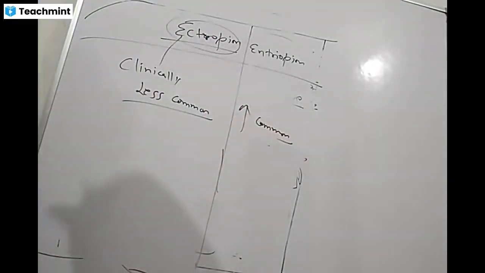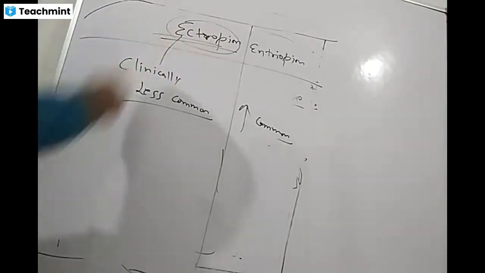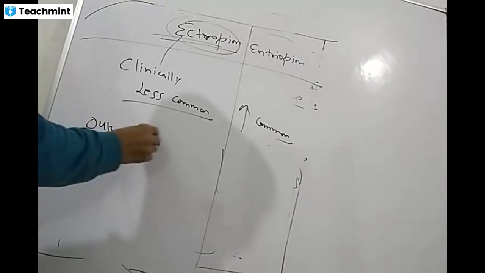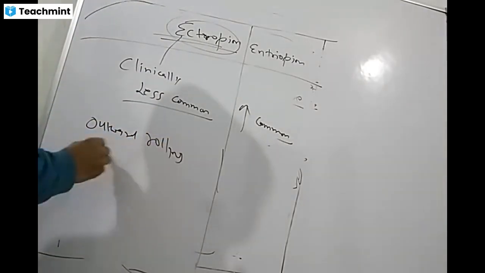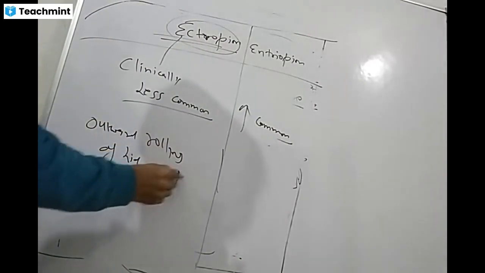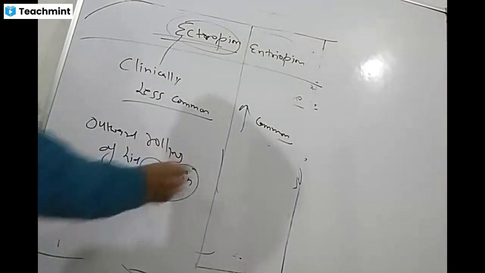The second difference, ectropion is outward rolling of the lid margin. This is the outward rolling.